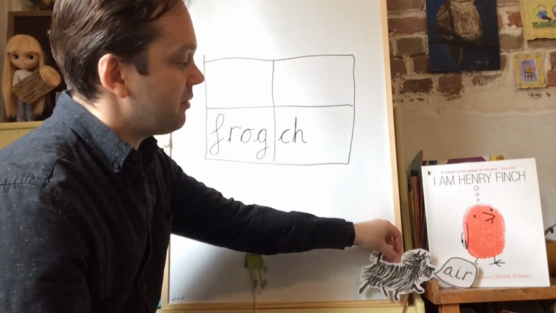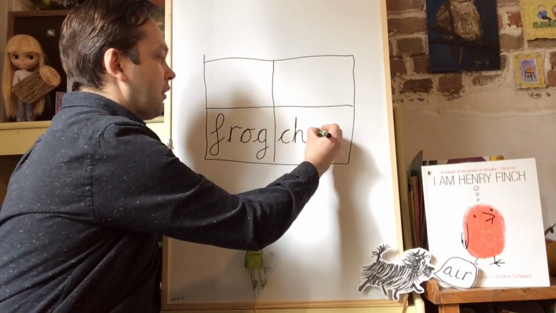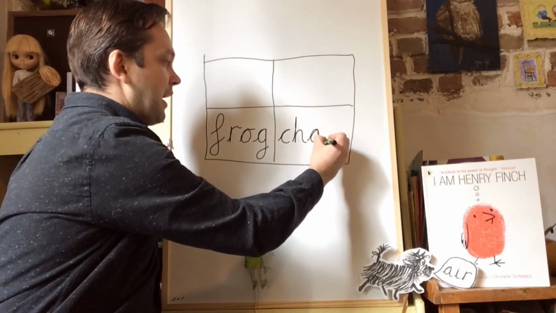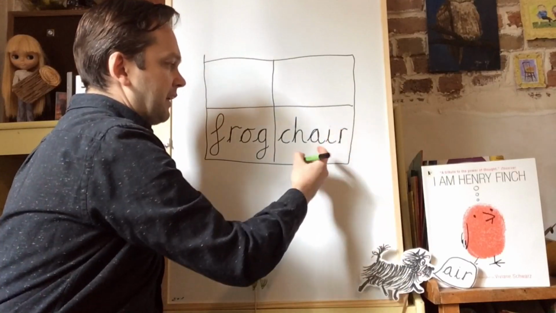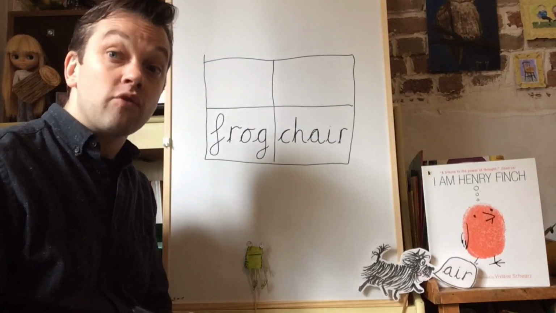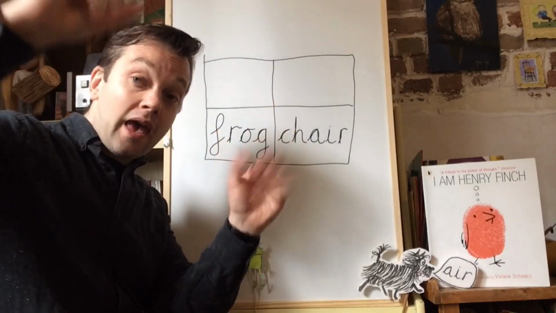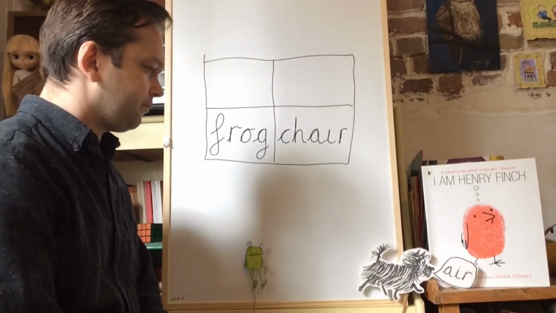Let's put you back, Hairy McClary. Letters A, I, and R make the sound air. What sound do they make? Everybody say it. Air. So we've got frog, we've got chair.